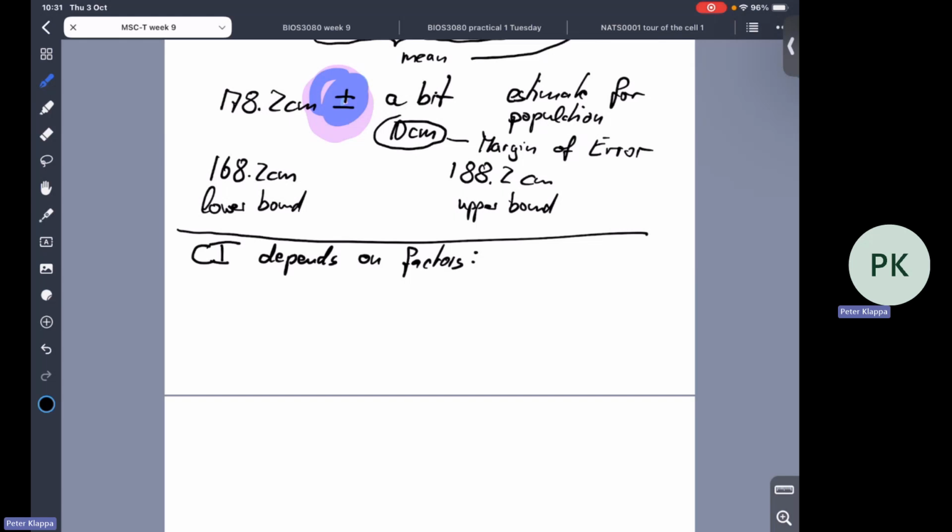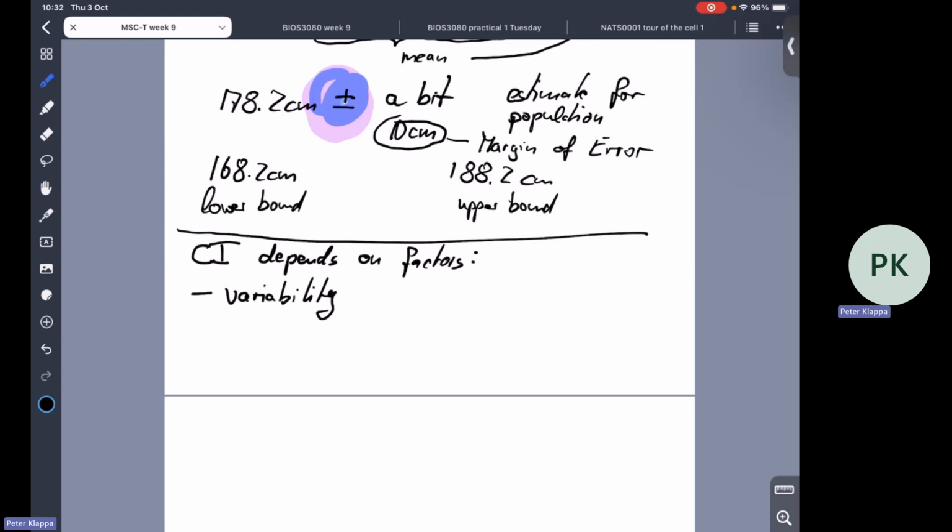The first thing, and you said absolutely right, it depends on the variability. And you probably notice I've not written variance, I've written variability.